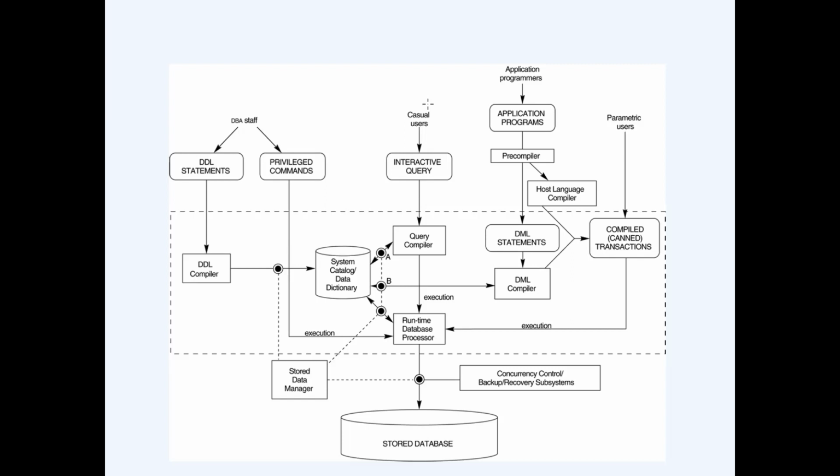If you look at database management staff, then you can have a very special set of commands, DDL statements, data definition language, which can be used to create databases. And then you can have privileged commands. Right. So this is what we have, component modules of database management systems and their interactions.